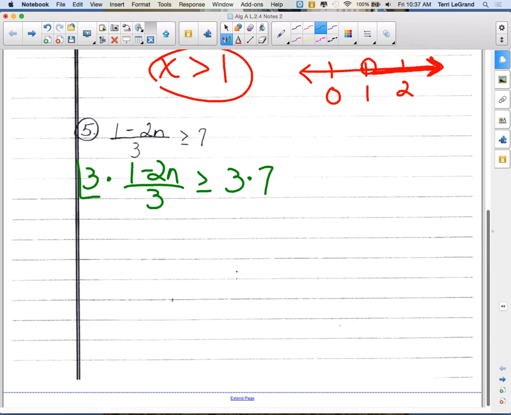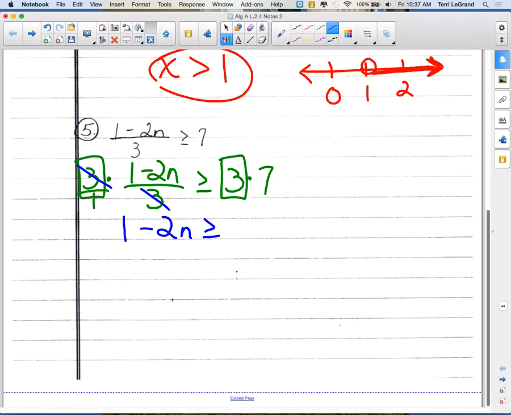Here I'm going to box what I'm multiplying by. Everything else basically stayed the same right now. Remember, we can put it over 1 to make it into a fraction on the left side, because then we can cancel those 3's. And we have 1 minus 2n left on this side.